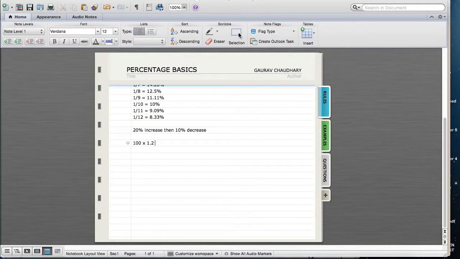And then this increased value is decreased by 10%, so we'll multiply it by 0 point 100 minus 10 is 90. So our new value is 108. These two decimal places get cancelled by two zeros and the result is 108. So our original value was 100. The new value is 108. So there is an increase of 8%.